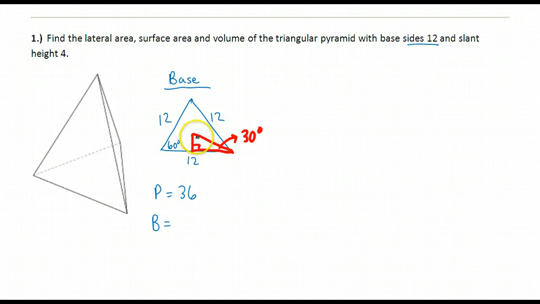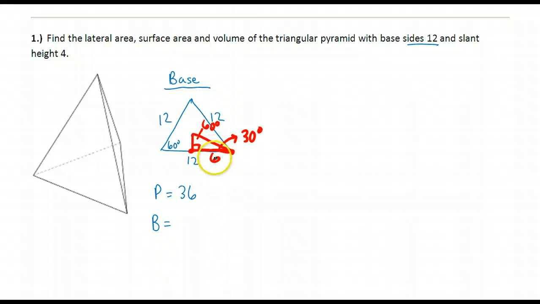And this angle right here, since we have a 30, 90, this has to be 60 degrees also. This length is going to be half of 12, 6. So I have a 30, 60, 90 triangle where I know the middle side is 6.